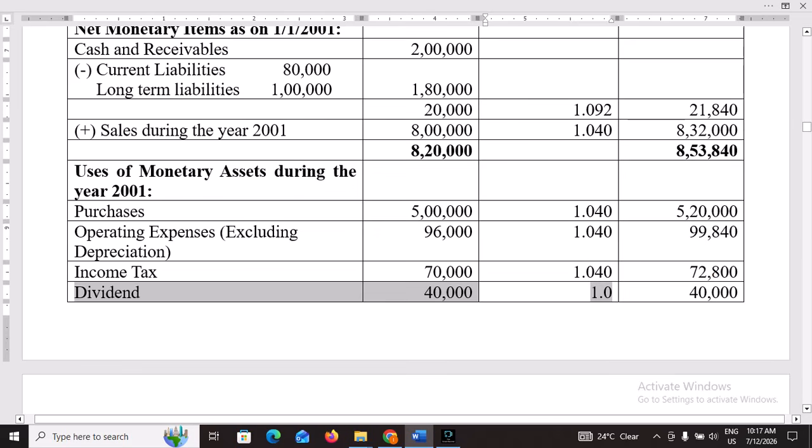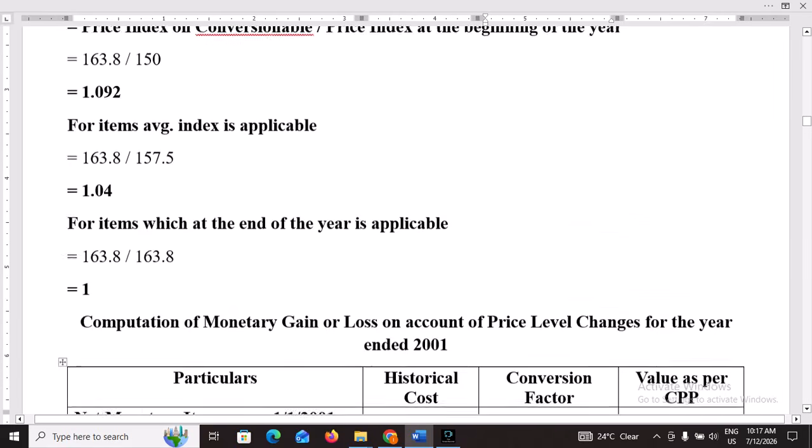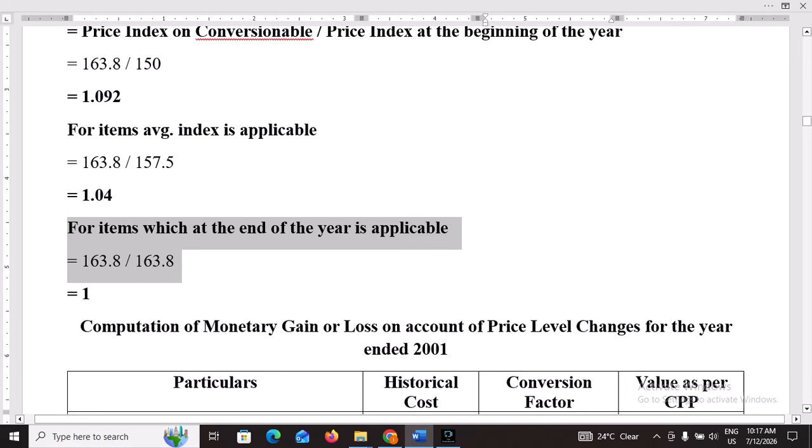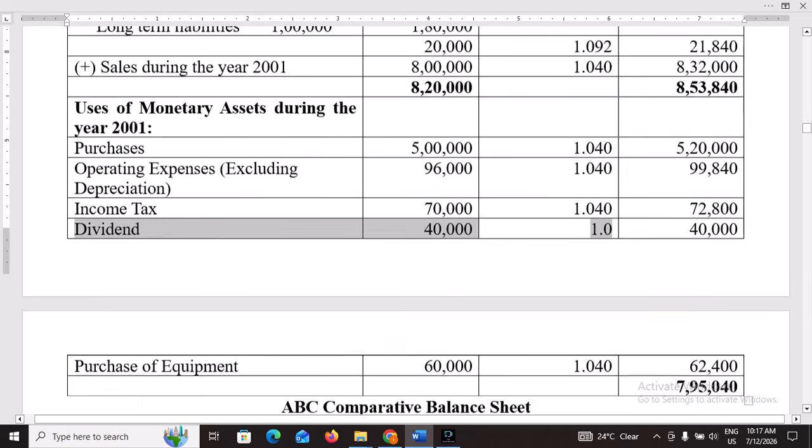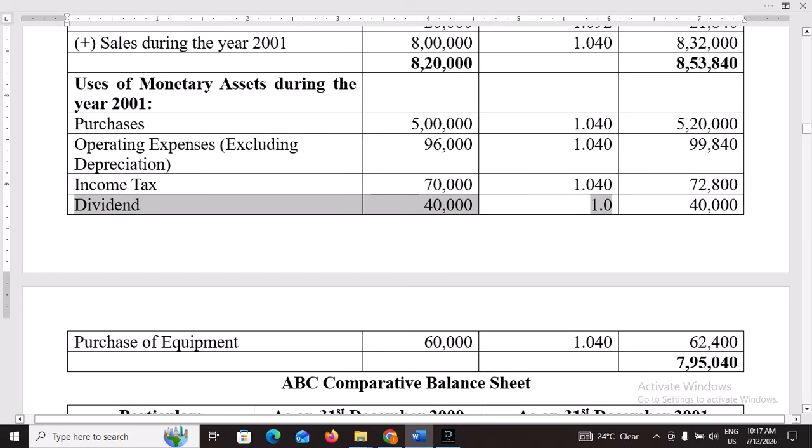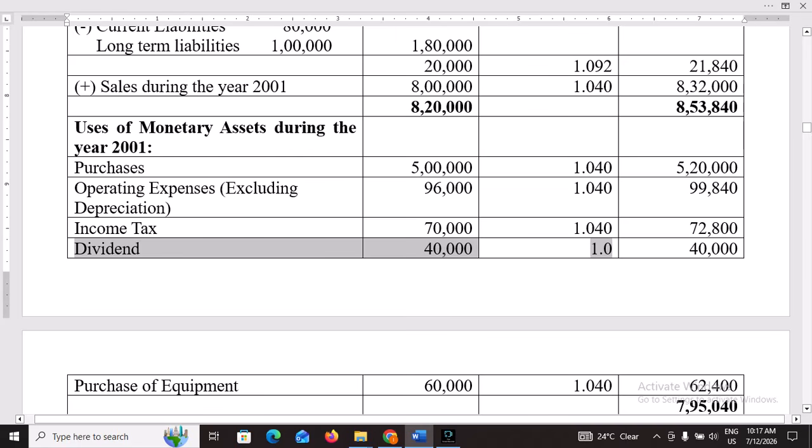Dividend is always paid at the end of the year, on the closing date. At the end of the year the conversion factor is 1. So 40,000 into 1 is 40,000.